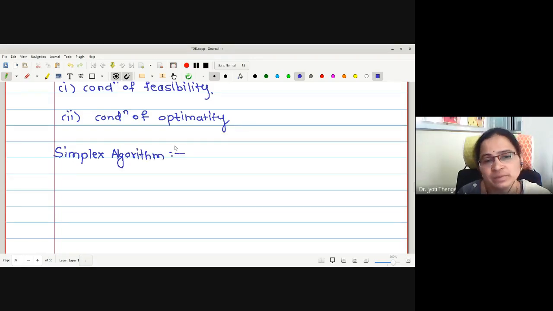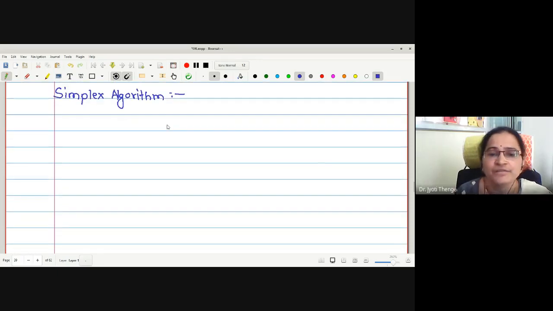Now this algorithm tells us that first we have to convert the given linear programming problem into standard form. And for solving these problems, the existence of an initial basic feasible solution is assumed.